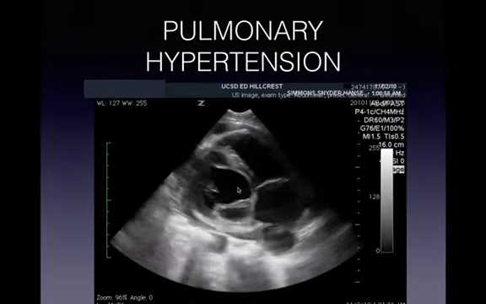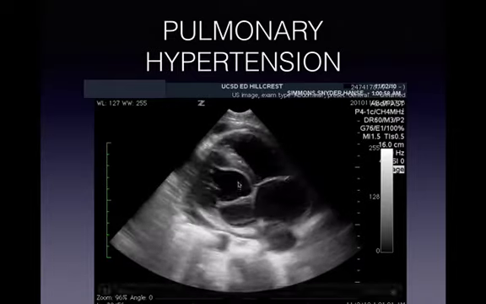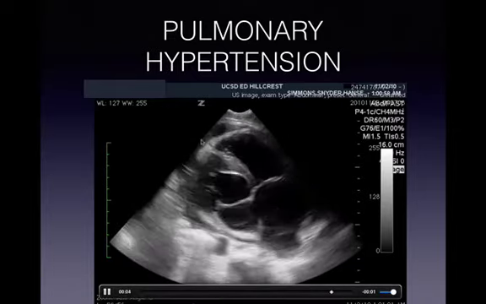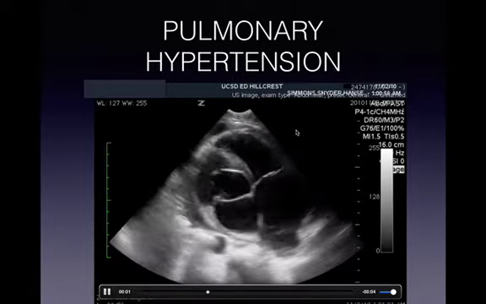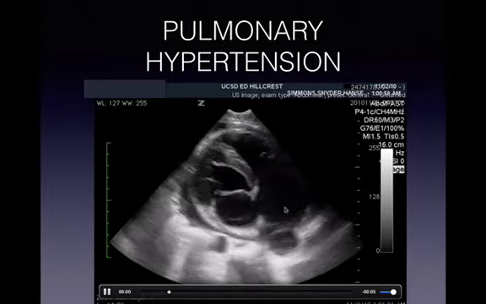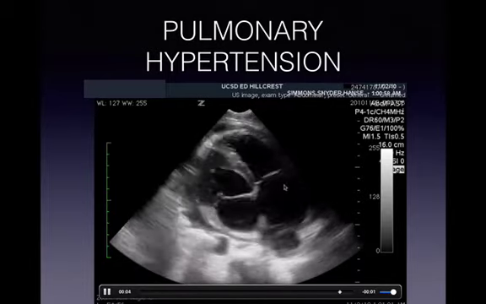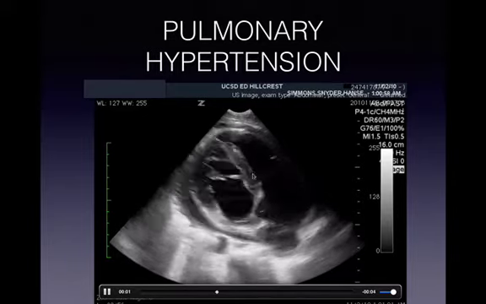Next, we have an example of pulmonary hypertension. And what we see here is, first of all, we do notice some pericardial fluid. And this is the descending aorta with its best friend, the left atrium. And we see that the mitral valve comes up and hits the septum.